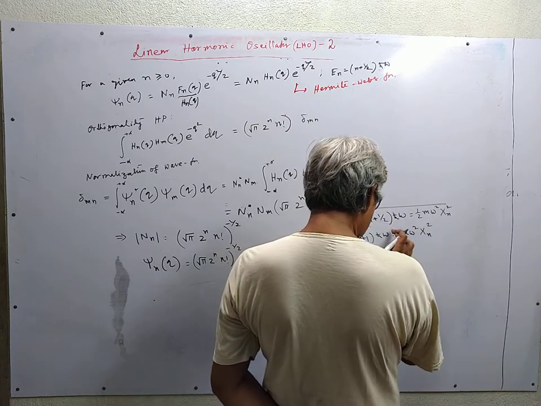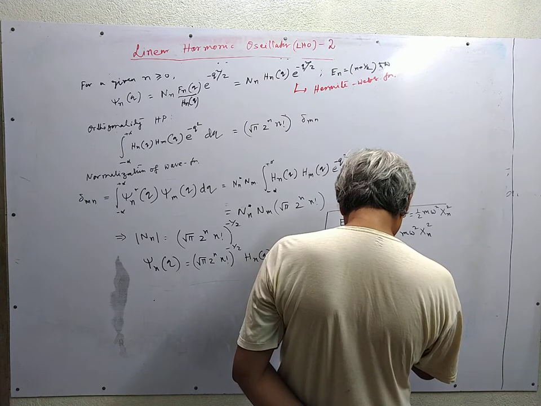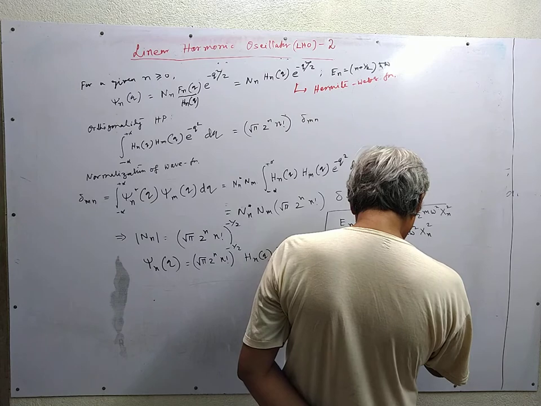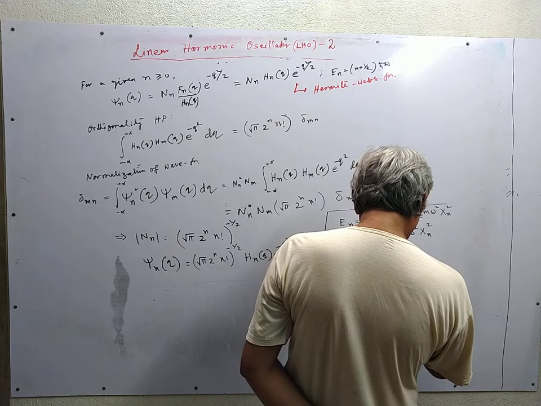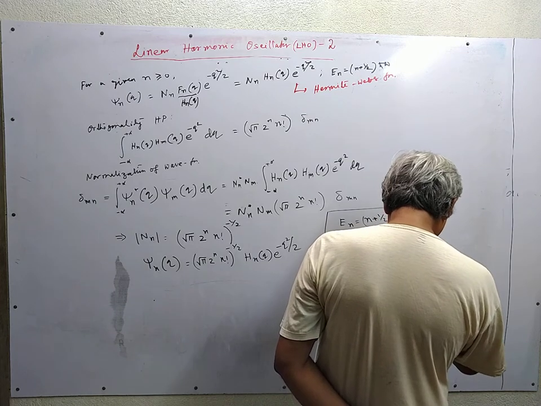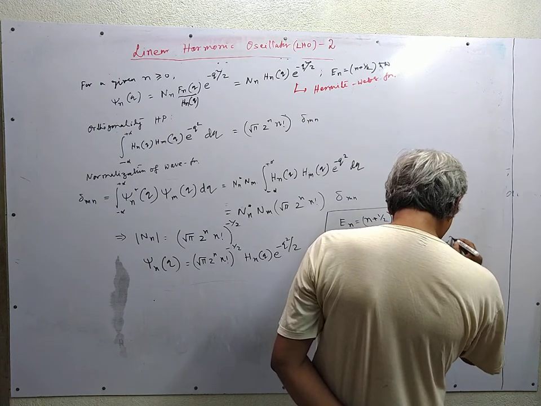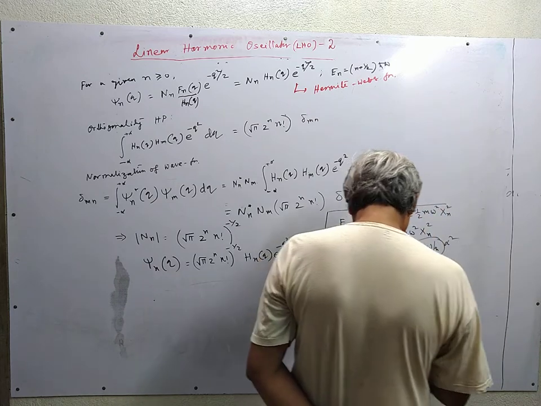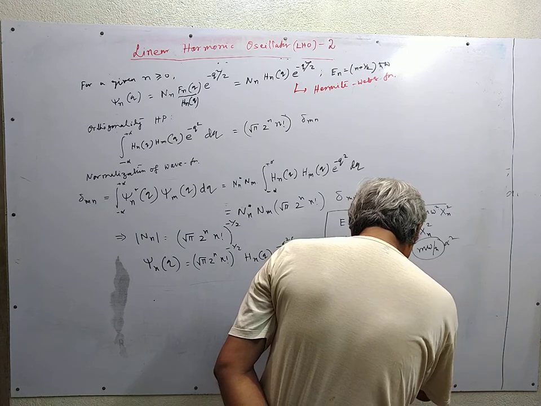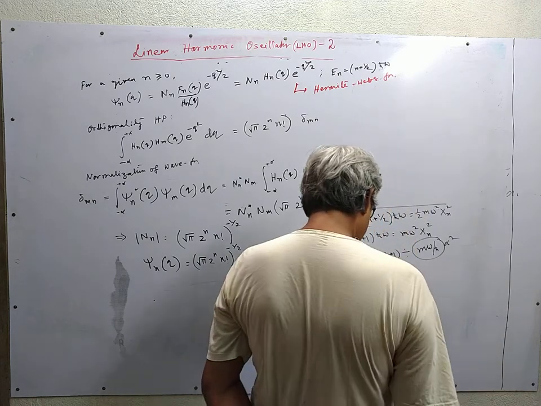So we write X n square as, you see omega square gets cancelled, so it is 2n plus 1 h cross divided by m omega. Note that m omega by h cross is alpha square, so it is 2n plus 1 by alpha square.